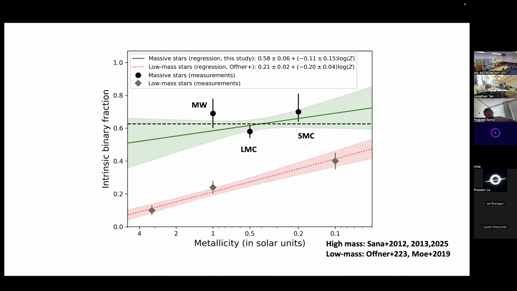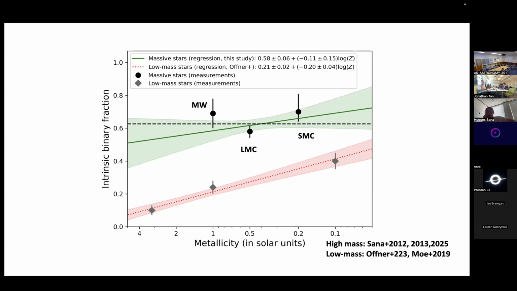Can you comment on the measurements that people did for the low mass points here? I'm trying to remember which studies these are. I think it's mostly Max Moe that did that, of solar type stars in the Milky Way.